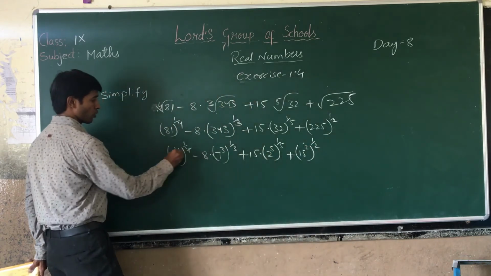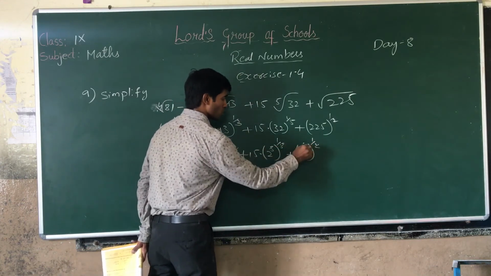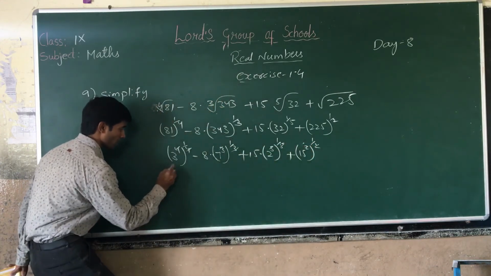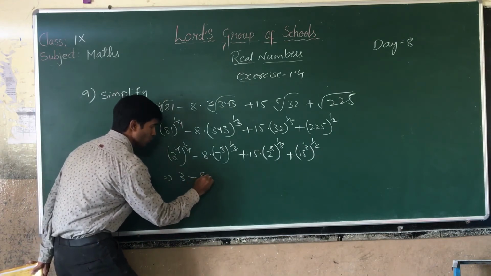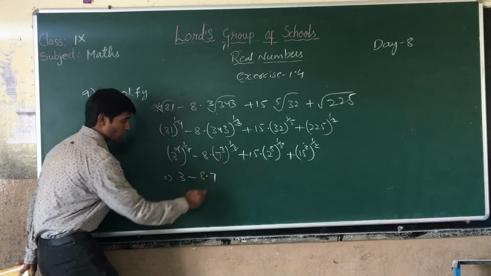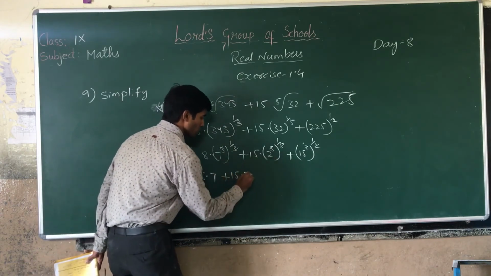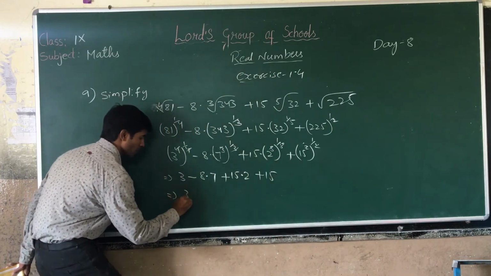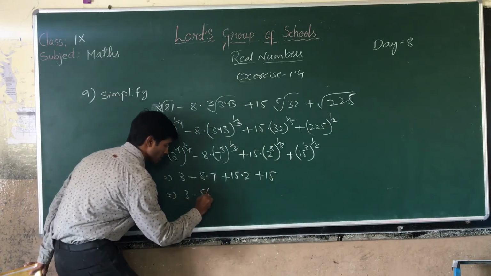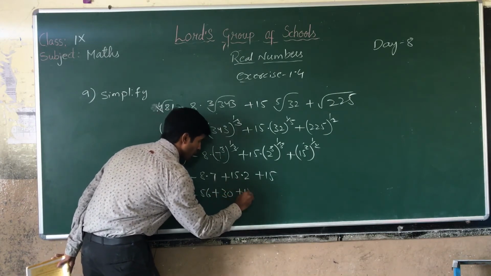Now you cancel. 4 and 4 get cancelled here, and similarly the others. Now what is remaining? Here we remain with 3 minus 8 into 7, plus 15 into 2, plus 15. So 3 minus, 8 sevens are 56, plus 15 twos are 30, plus 15.